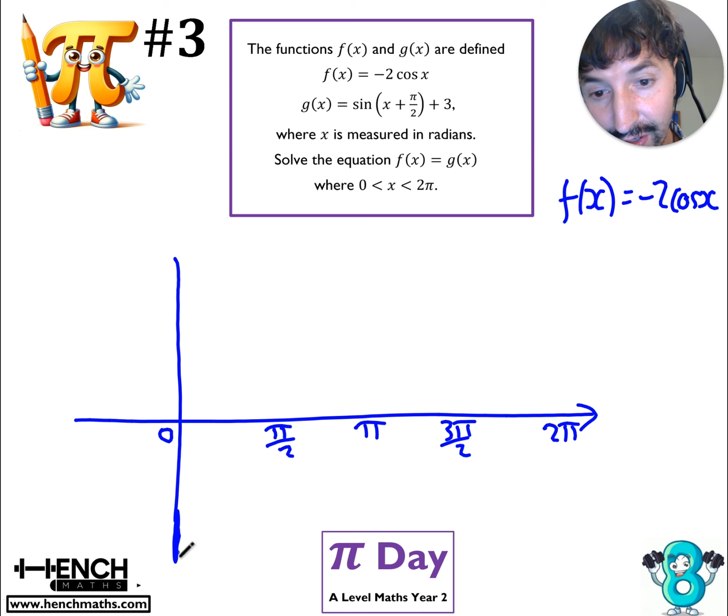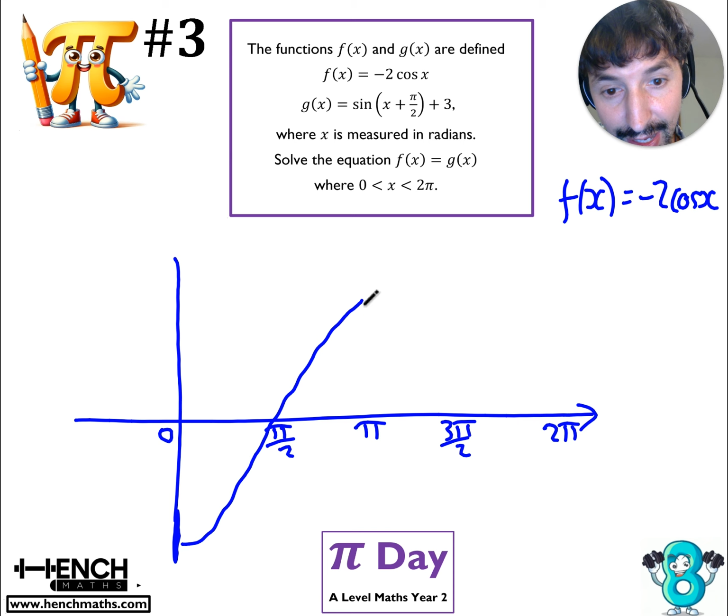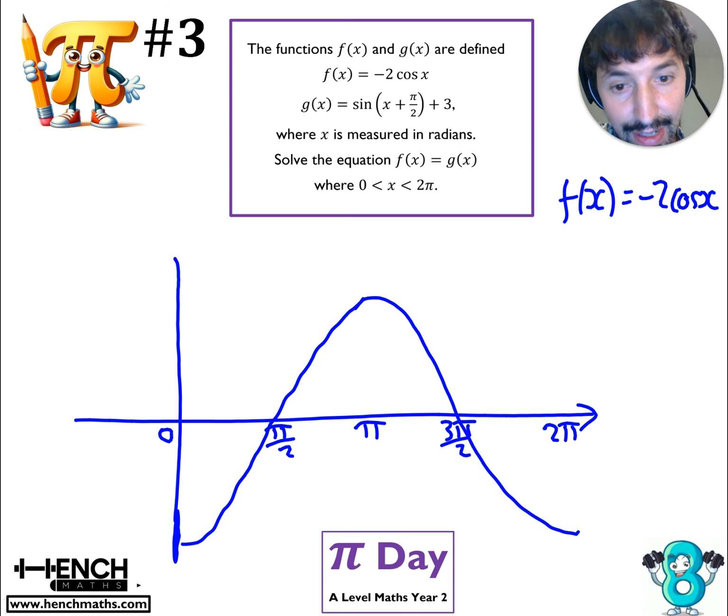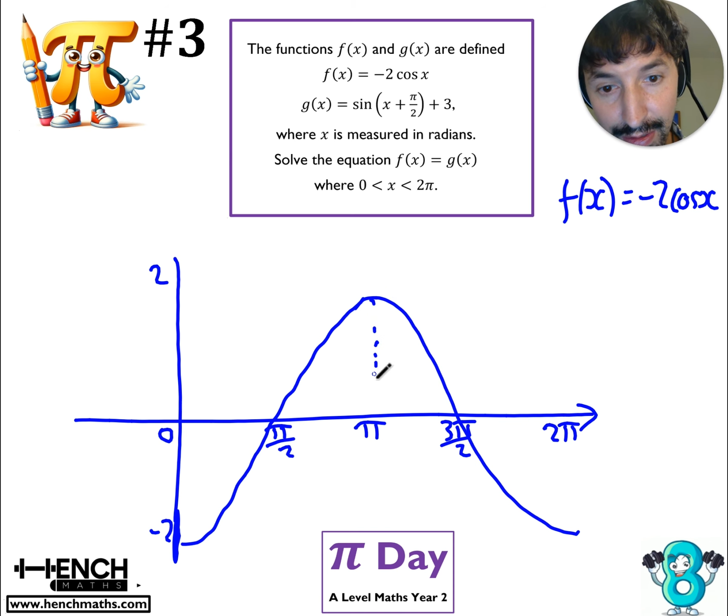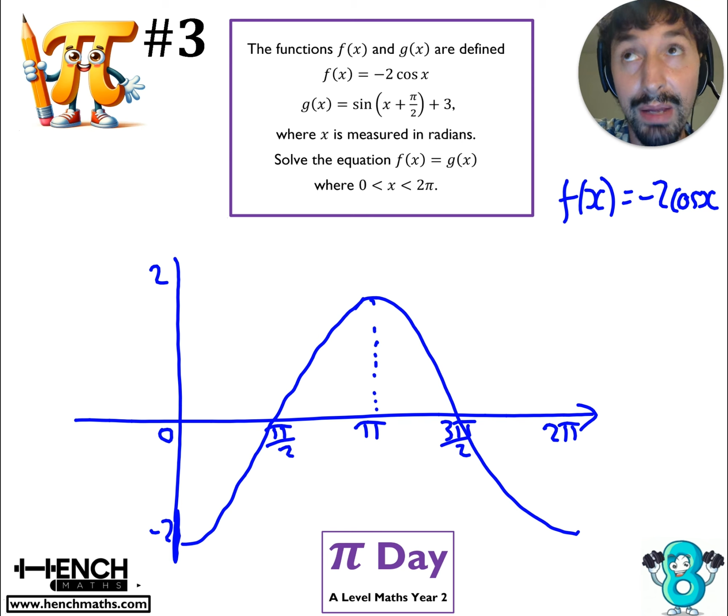It's going to start down here at negative 2, come up, have a maximum here, and come down. So it begins at negative 2, has a peak up here at 2, and ends at negative 2 here. That's one full period of cos. We've done the graph transformation multiplying it by negative 2, so that affects the y.